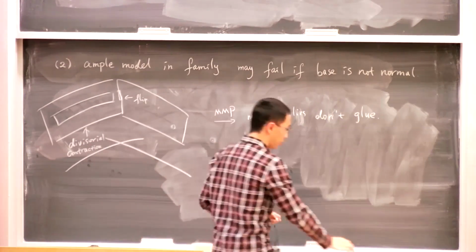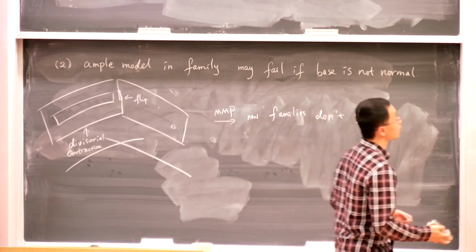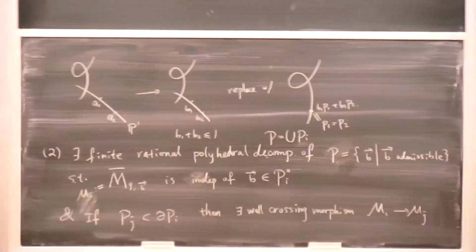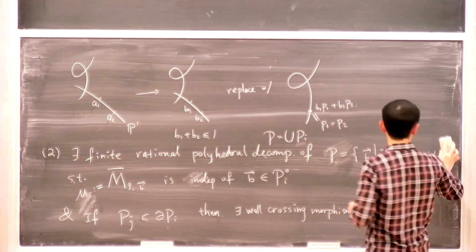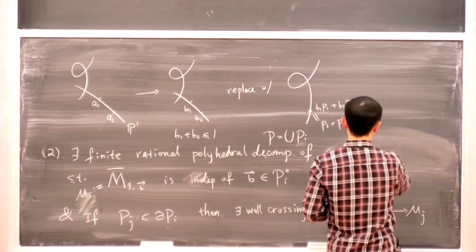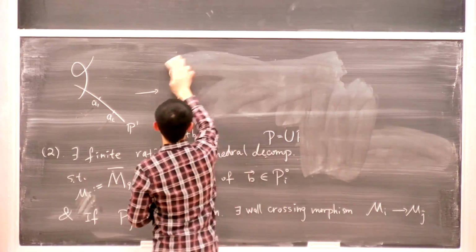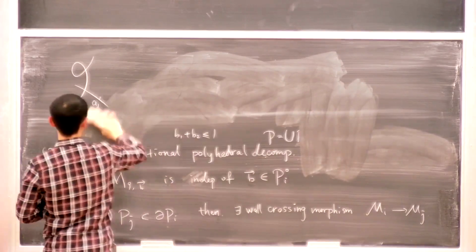So this suggests that maybe in higher dimension, the best thing we can do, at least in terms of this reduction morphism, is not defined on the original moduli space, but rather some kind of modification.